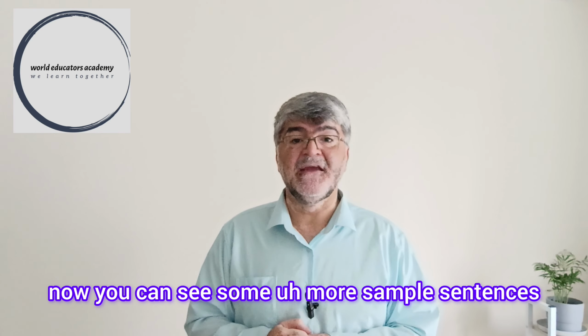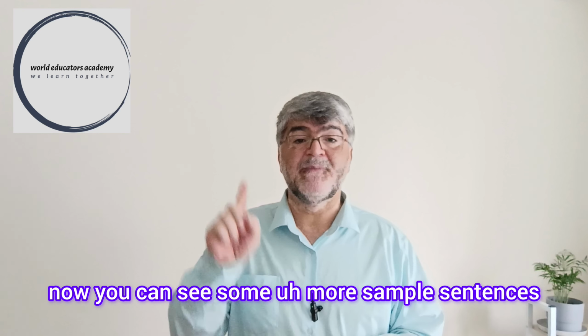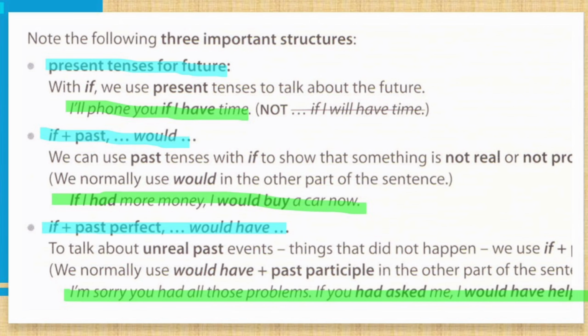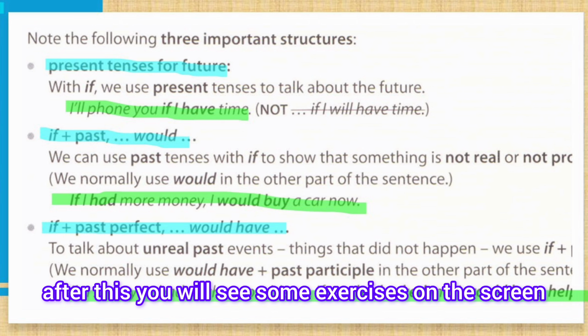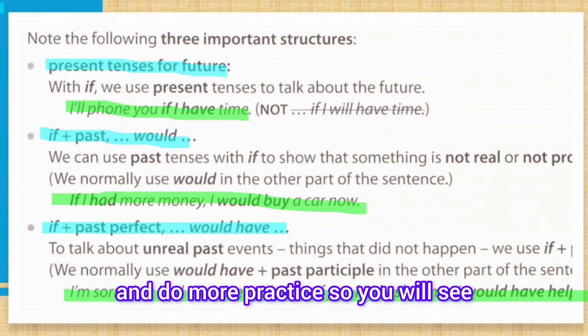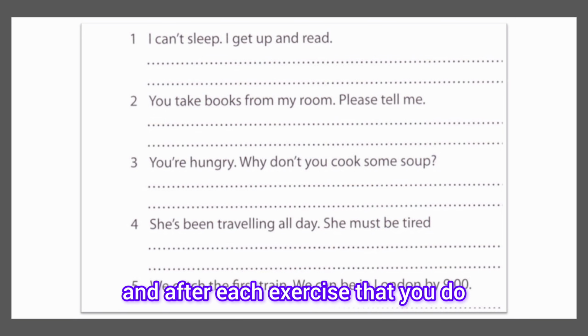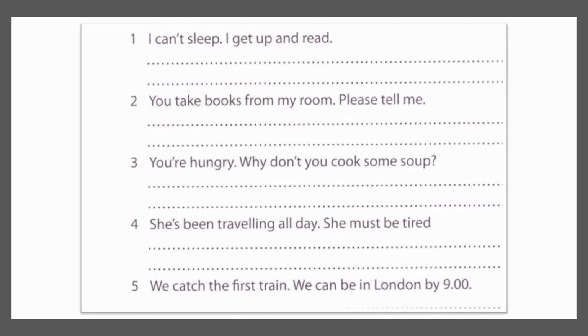Now you can see some more sample sentences, and after this you will see some exercises on the screen that you can focus on and do more practice. So you will see that it becomes easier and easier after each practice and after each exercise that you do.